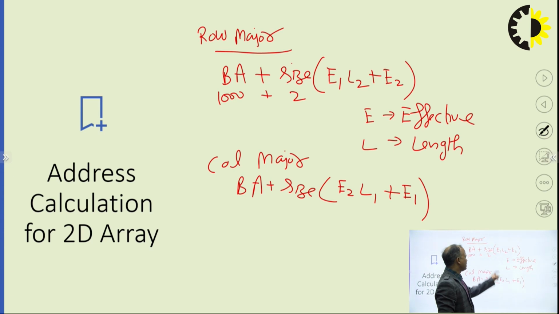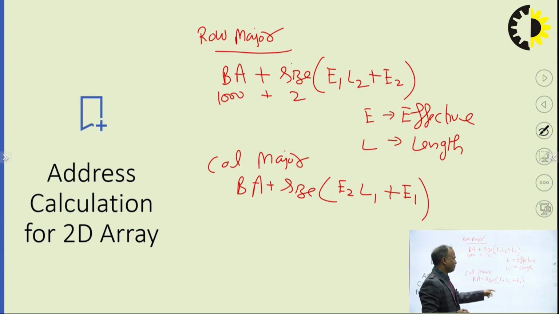And an important point here is that the difference between each E and L is 1. In row measure we are starting with E1, then L should be L2, because the difference between E and L is 1, and E1 L2 plus E2.